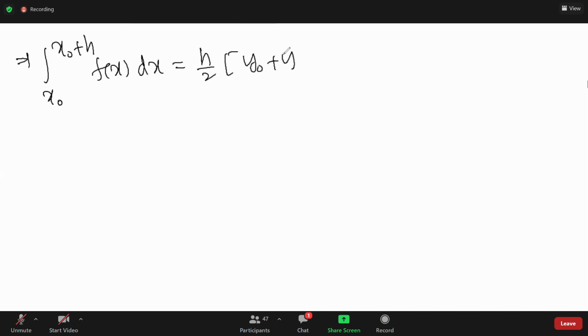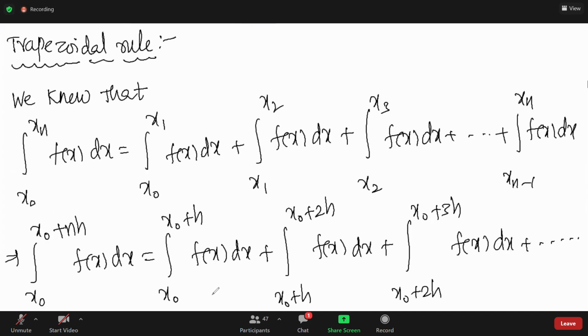First subintegral value is h by 2 into y naught plus y1. Similarly, what is second subintegral?